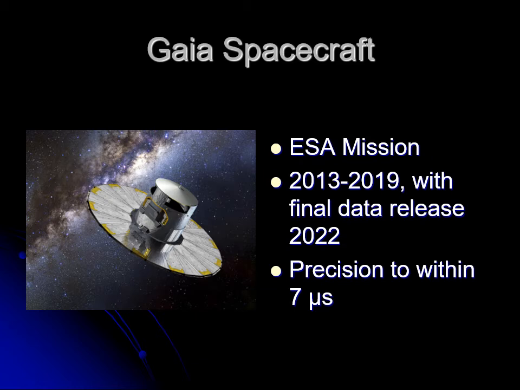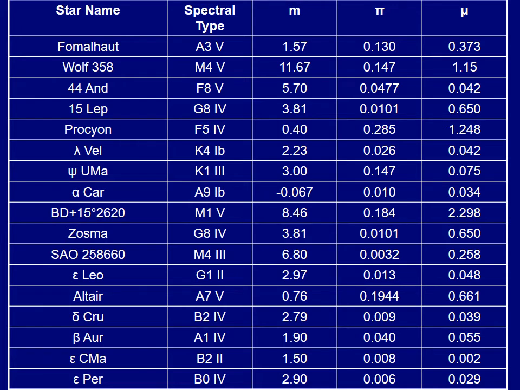For a long time, the limit was just under 1/100th of an arc second, and that means we could measure out only about 500 or 600 light years. The Hipparcos mission greatly extended that, allowed us to measure even farther, and now we're about to come up with data that's going to be even better.